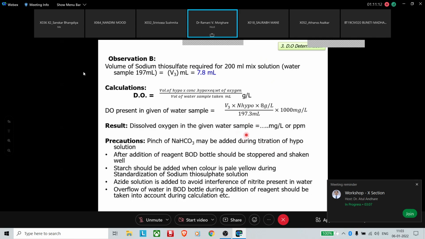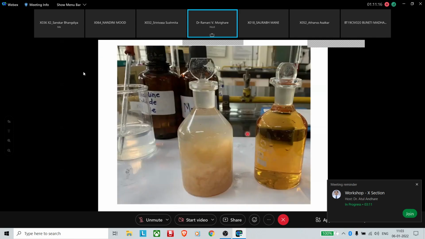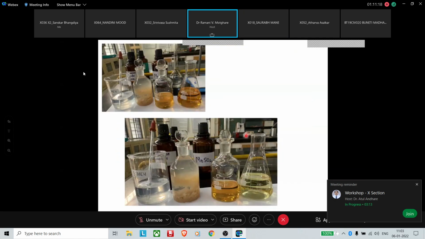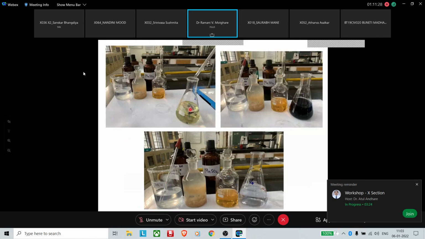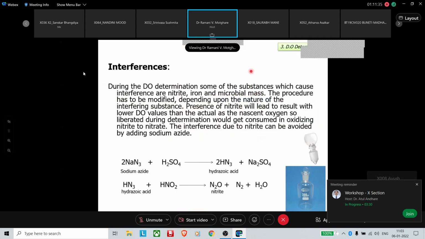With photographs, a number of things become clear, right? What exactly is happening, what is done, what is the color change, when to stop, when it is called pale yellow, when it is pale yellow then you add starch to it. All those things. So write the experiment, keep it ready for submission.